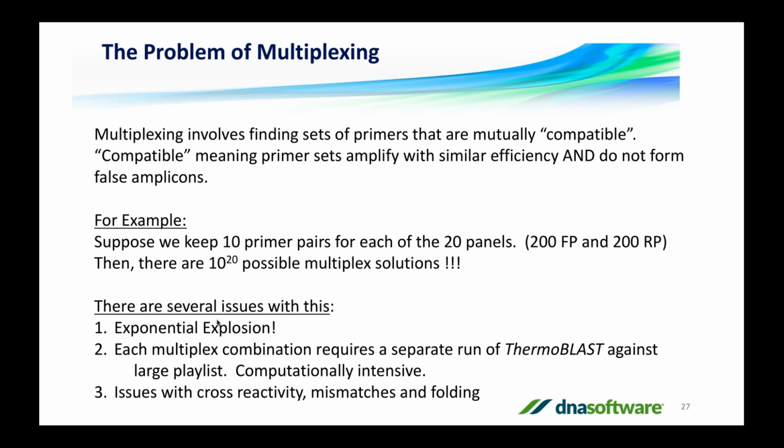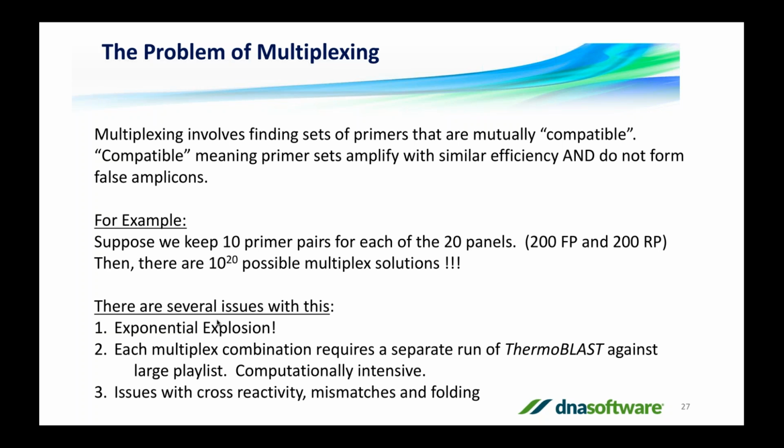So you'd have 200 forward primer candidates and 200 reverse primer candidates. And you might say, okay, 200 primers, that's not too bad. How many combinations of multiplex are there? With that level of multiplexing, the number of possible combinations is 10 to the 20th power. Think Avogadro's number.